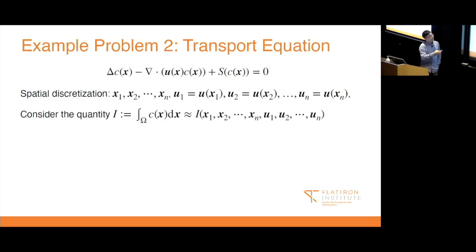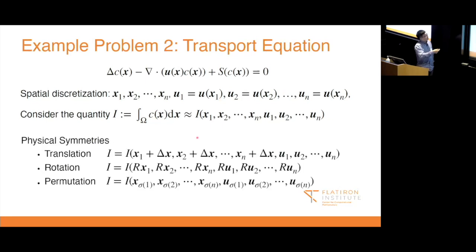Again, you can imagine this function I has similar symmetries to those I showed in the previous slides. It has at least three symmetries. First is translation: if you translate the whole domain, the solution is the same and the quantity is the same. If you rotate your laboratory frame, it gives you the same quantity.